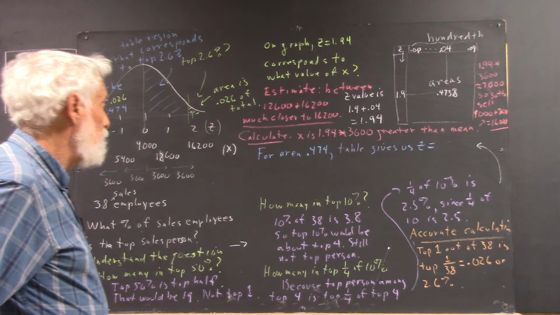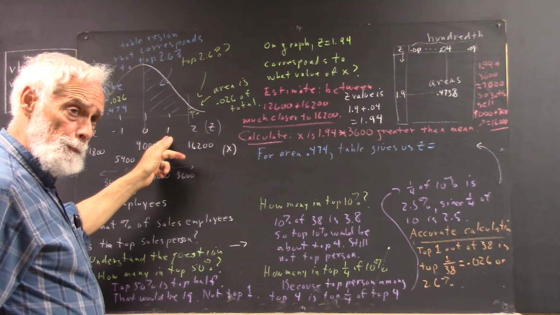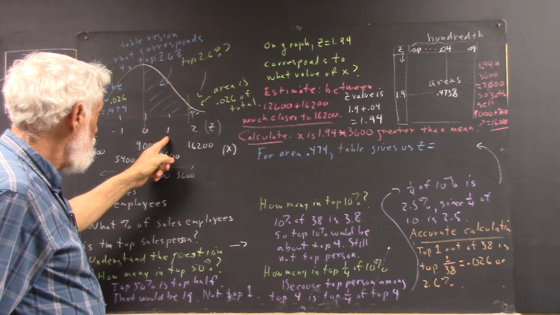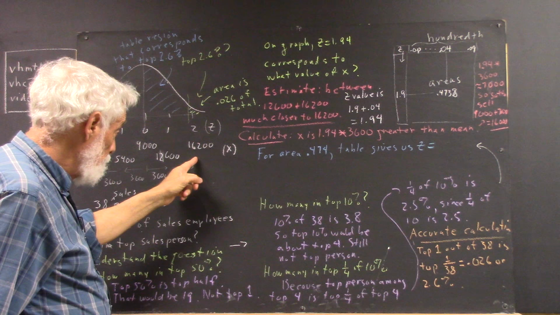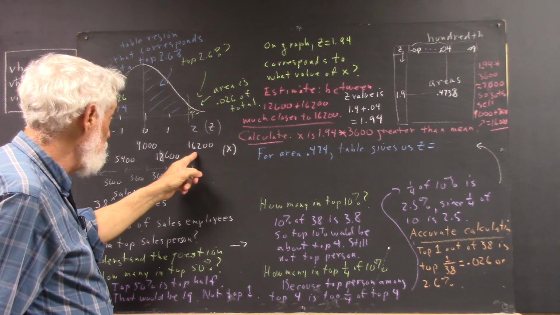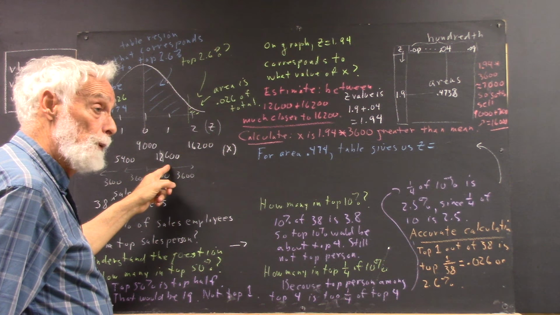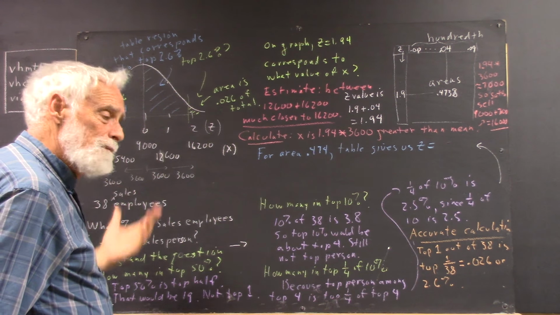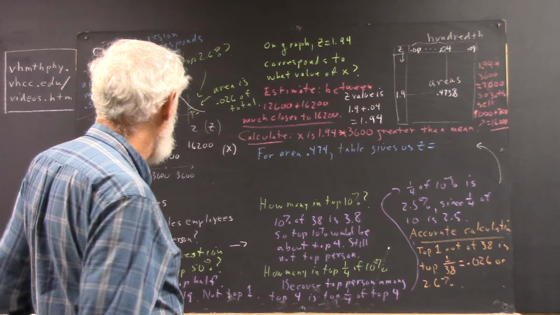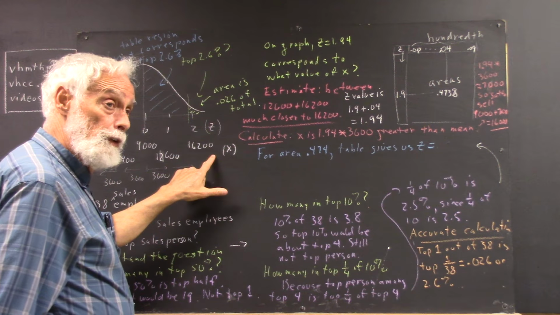And we see that that's 1.94, so we're a lot closer to 2 than we are to 1. Which means we're a lot closer to the X value 16,200, which corresponds to z equals 2, than we are to 12,600, which corresponds to z equals 1. So we think, now then there's a round number, 16,000. We're pretty close to 16,200, so let's round off and say 16,000.